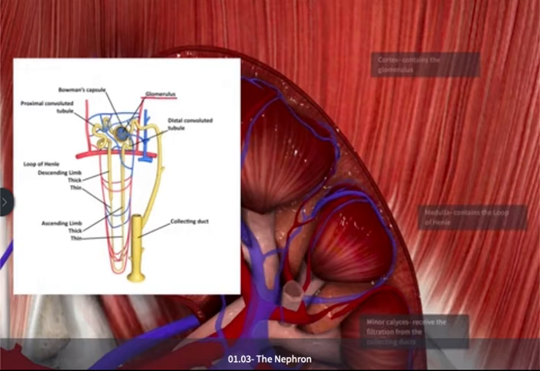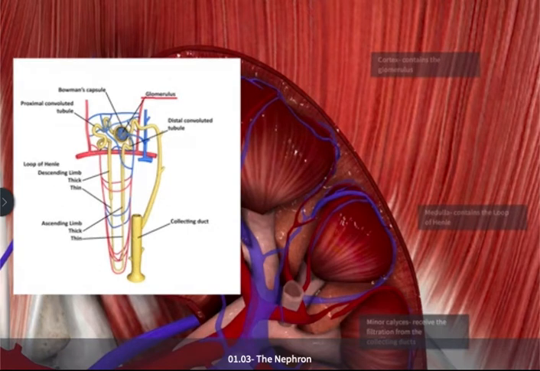Now recall that there are millions of these. They're really small, they're tiny, and they're going to be scattered all throughout the periphery of the cortex. And the glomerulus is going to be a capillary network where the actual filtration of blood is going to occur. What we'll see is there's going to be two vessels coming in and out of this network of capillaries.